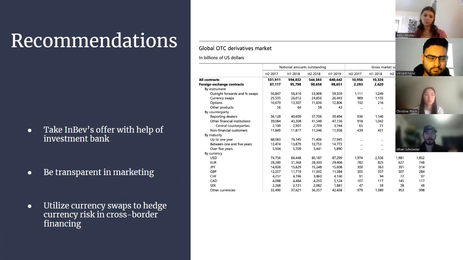So it would be in the shareholders' best interest for Bush the fourth to take the offer. And then also in that, we would recommend perhaps using the services of an investment bank and investment bankers in regards to a deal like this to help Anheuser-Busch come up with the best possible deal that they can in regards to this merger and acquisition, or perhaps buyout in this case.